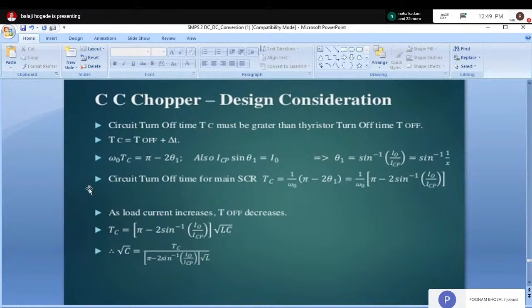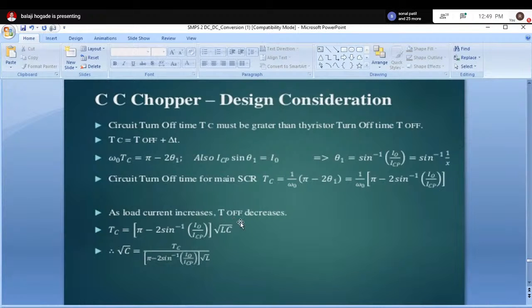Omega 0 TC is equal to pi minus 2 theta 1, where sin theta 1 is equal to I0 by ICP, so theta 1 is equal to sin inverse I0 by ICP, which is sin inverse 1 by X. Circuit turn off time of the main SCR TC is equal to 1 by omega 0 into pi minus 2 theta 1, which is 1 by omega 0 into pi minus 2 sin inverse I0 by ICP.